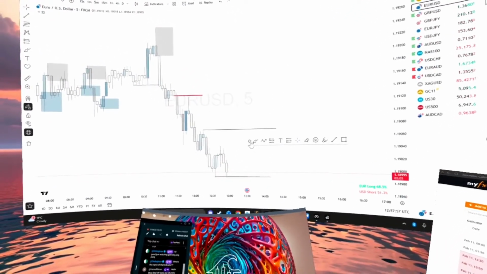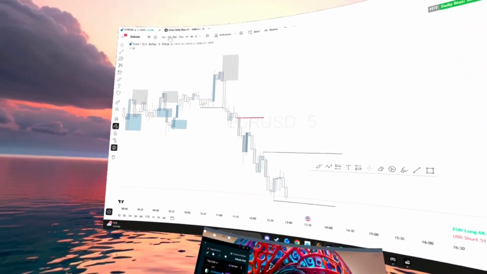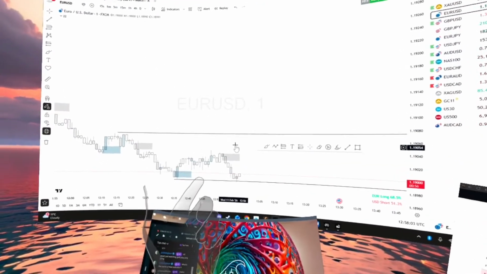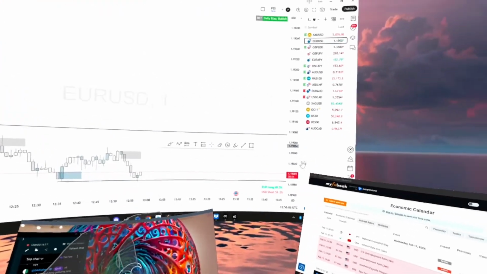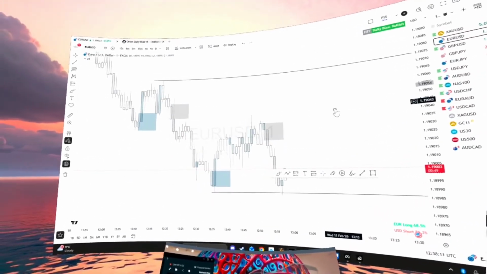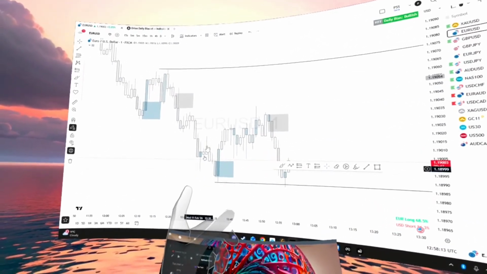This is the range that we're in currently. And then if we come to the 1-minute, you can see on the 1-minute that we are also, well, we were running bearish until we broke this high.